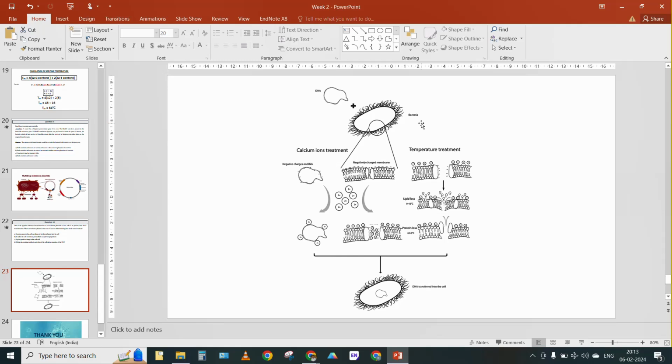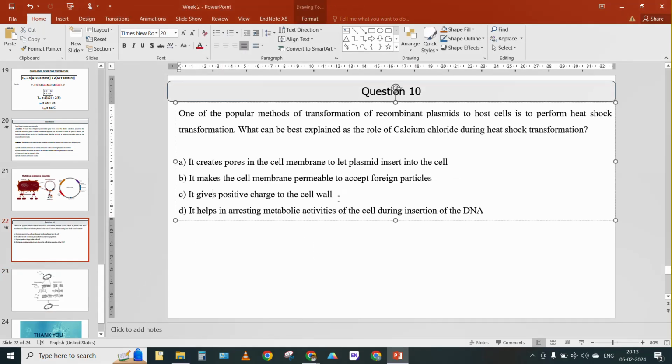Consequently, the combination of calcium chloride treatment and heat shock increases the efficiency of plasmid uptake by the bacterial cell, leading to successful transformation. According to this explanation, option C is the right one, which states that it gives a positive charge to the cell wall.